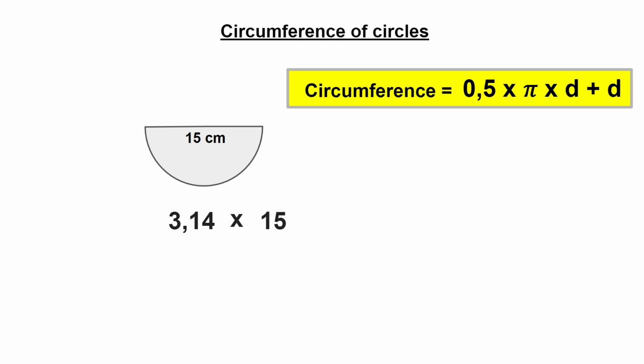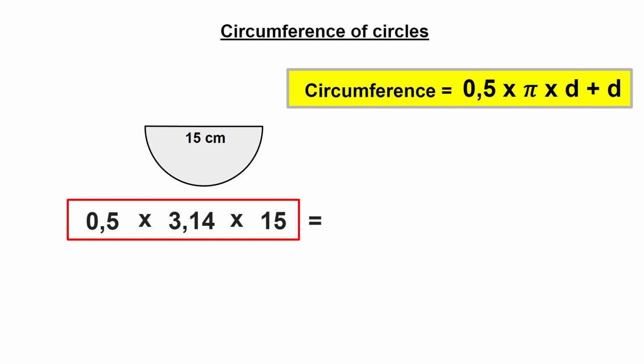Since this is half a circle, we can calculate half of the circumference by multiplying the circumference by 0.5. So by multiplying 0.5 by 3.14 by 15, we get 23.55 centimeters, which gives us the circumference of this curved portion of the shape only.